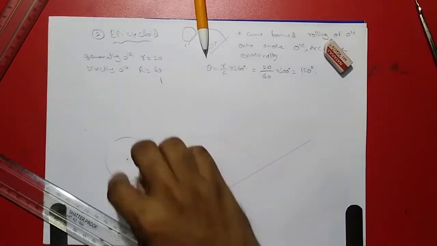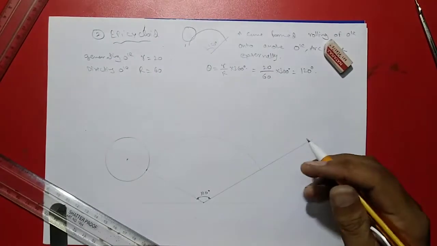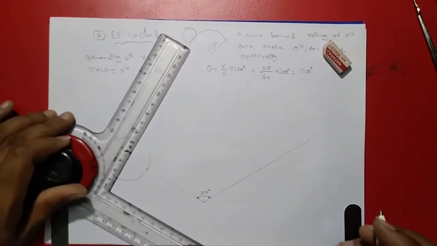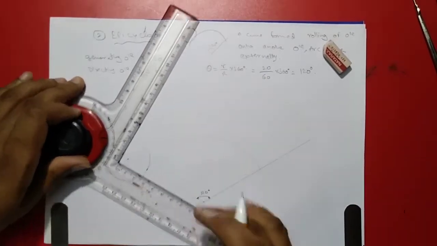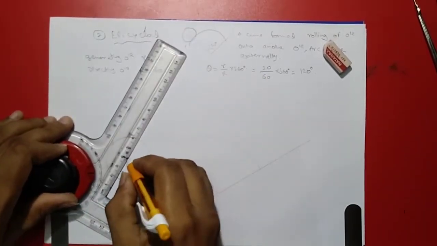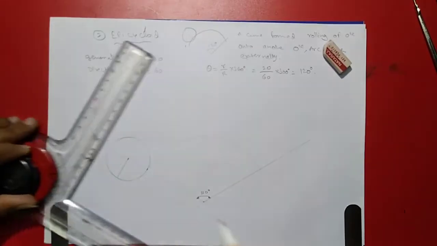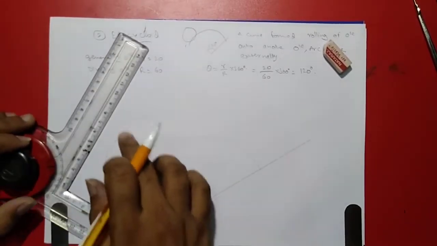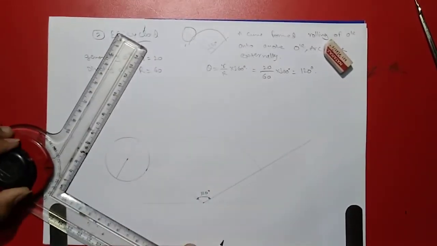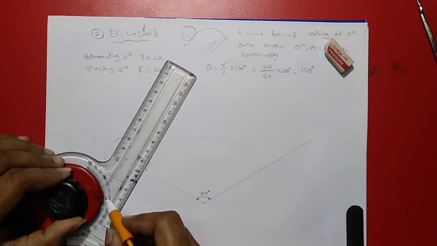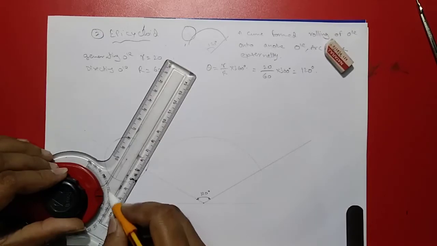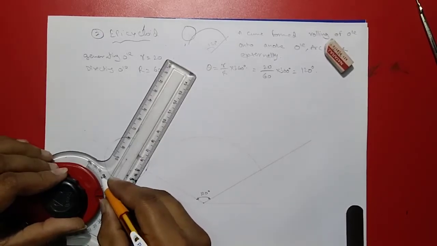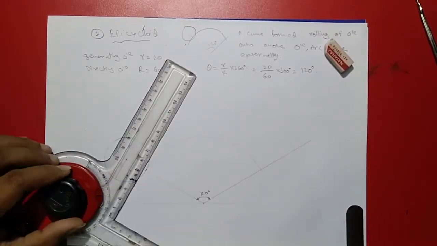So we have drawn the generating circle, and we have to divide it into 8 equal parts. Our drafter is already parallel to this one, so this would be perpendicular to that, and here we have to make another 2 parts. 30 degrees is already kept, so we have to make it 45 degrees.